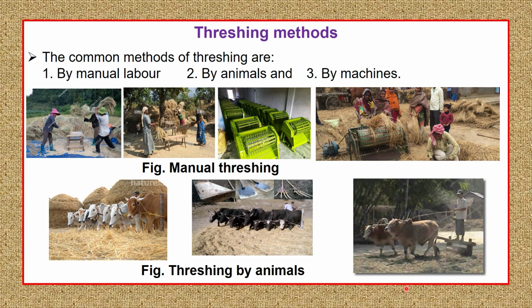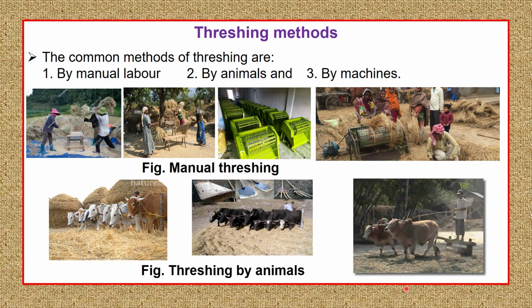I mean, they will be ridden over the spread crop, and because of their foot stamping, the grain will be detached. So the animals keep walking over that plant, making a circle over the spread plant material, and because of the stampede, the grain will be detached.